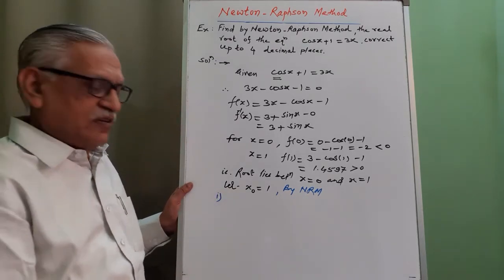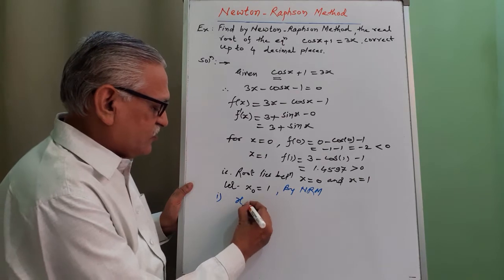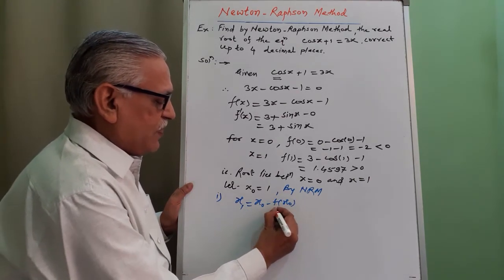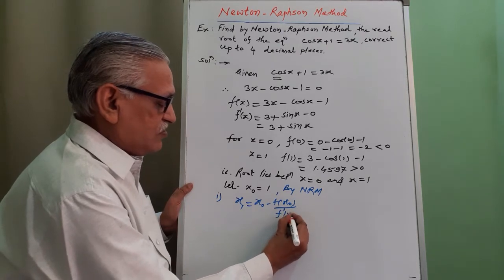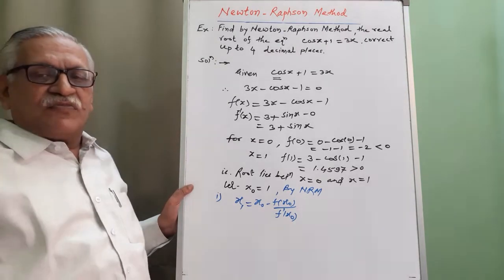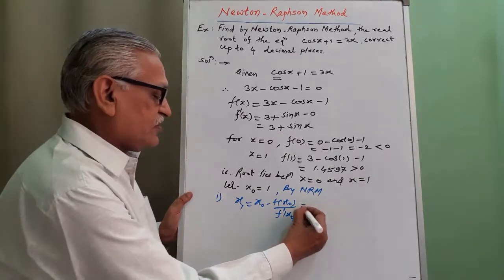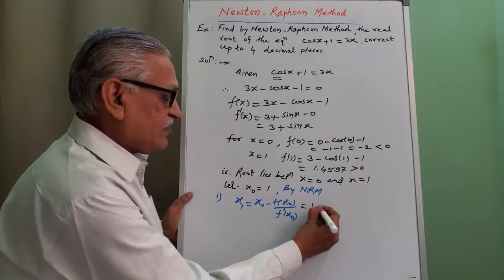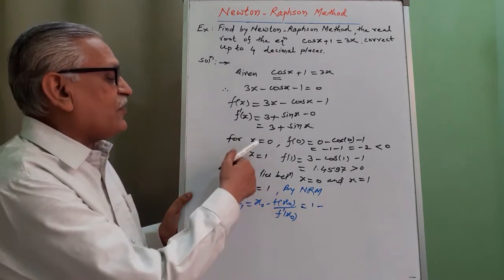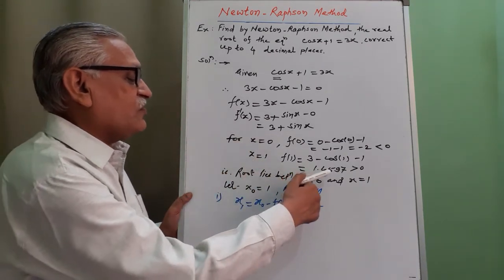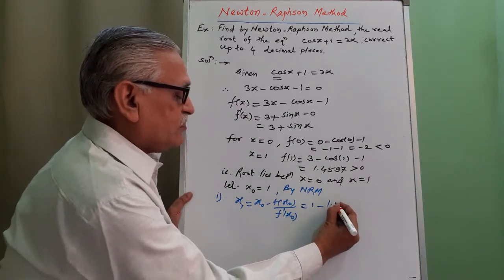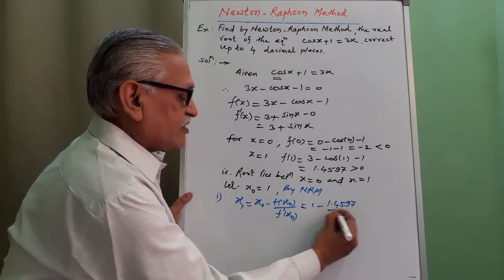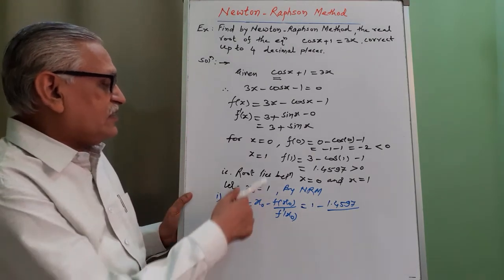Then by applying the Newton-Raphson method, in the first iteration we have x1 is equal to x0 minus f of x0 by f dash of x0. Substituting the corresponding values, x0 is 1, minus f of x0, for x is equal to 1 we have 1.4597, whole divided by f dash.